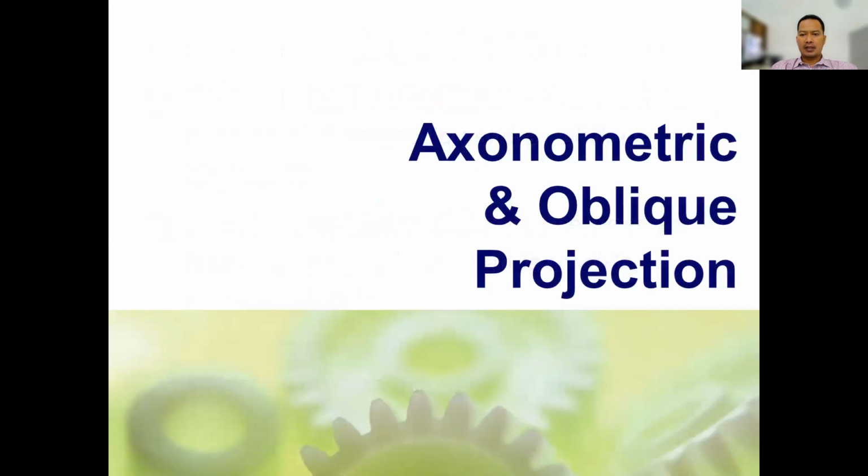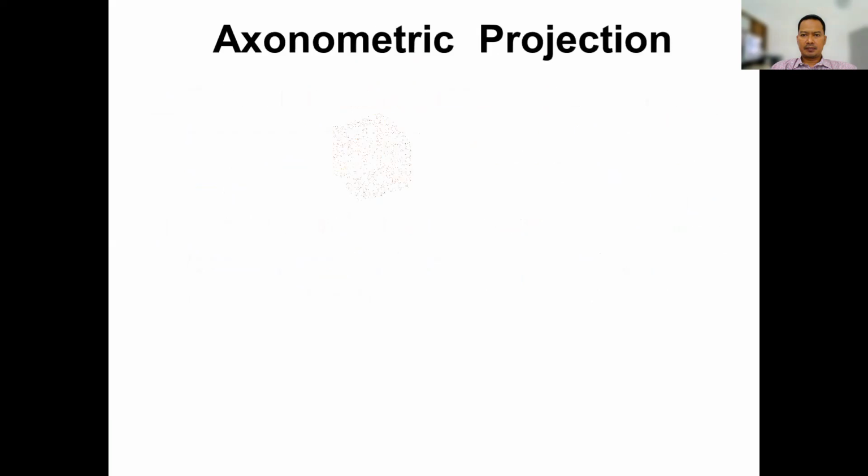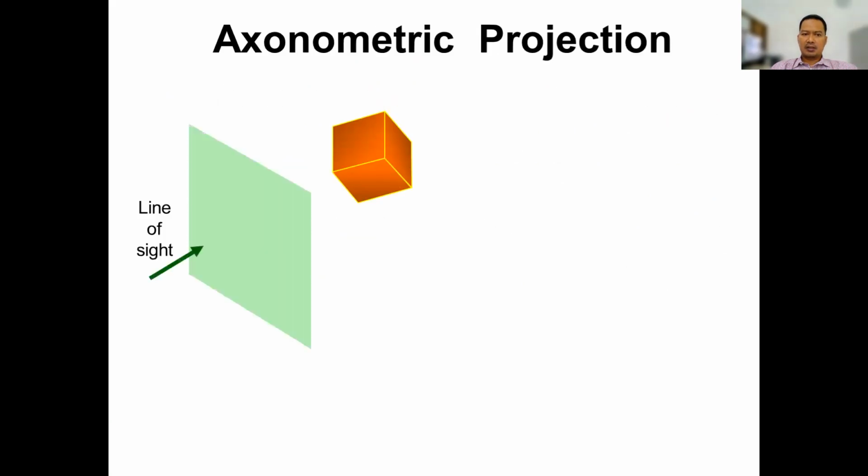For the axonometric and oblique projection, axonometric projection, for example, we have a box object like this and it will be projected to the line of sight or a plane here, a virtual plane.